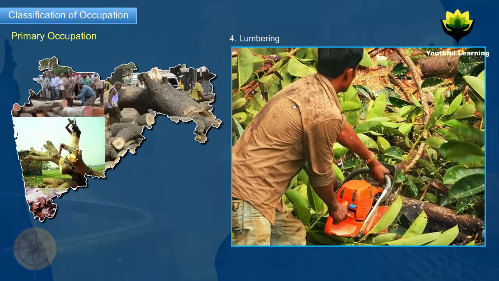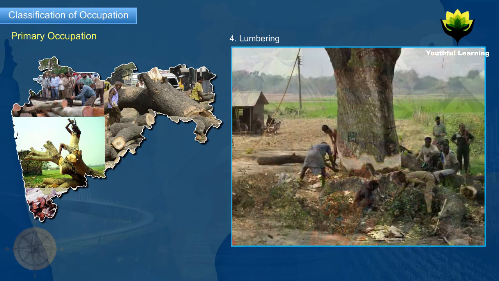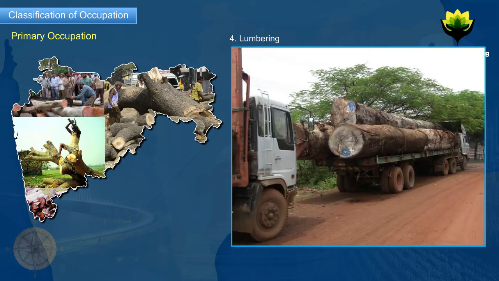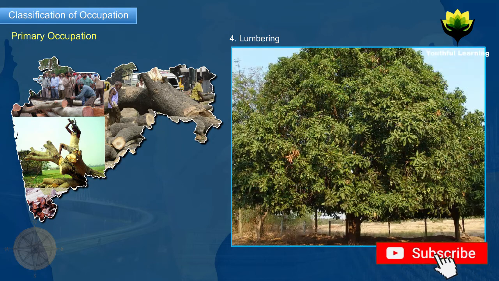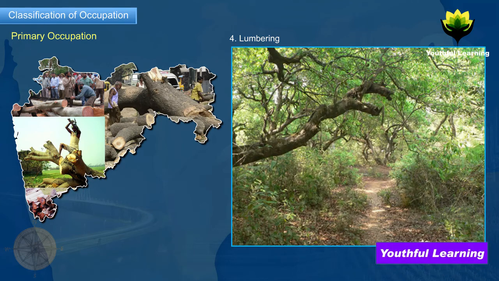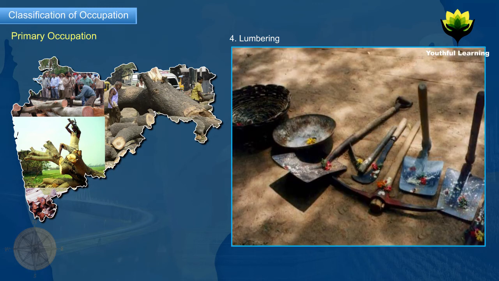4. Lumbering. Lumbering is cutting, transporting, or selling timber. The forests of Maharashtra abound with a variety of trees. Farmers use the wood to make agricultural tools.